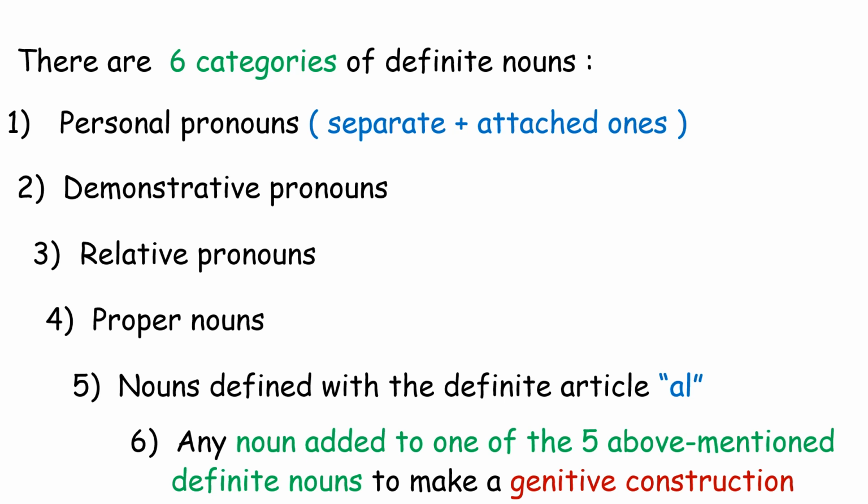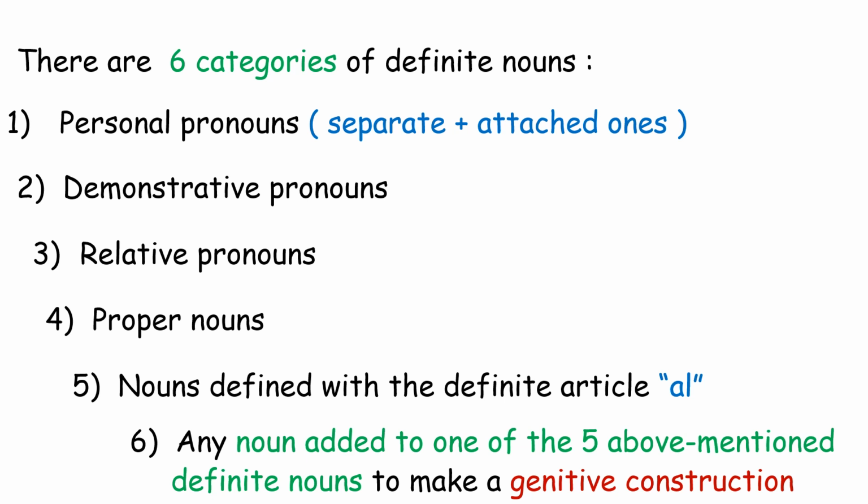Moving on, the second category of definite nouns is demonstrative pronouns, i.e. أسماء الإشارة. Then we also have relative pronouns, الأسماء الموصولة. Next on the list we have proper nouns, also known as الأسماء العلم.